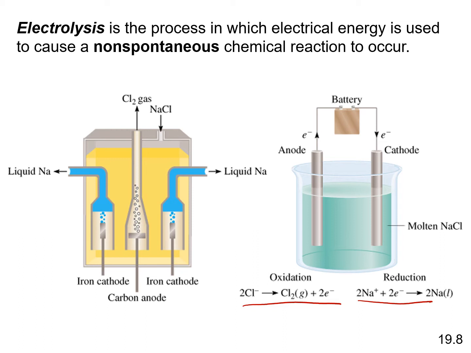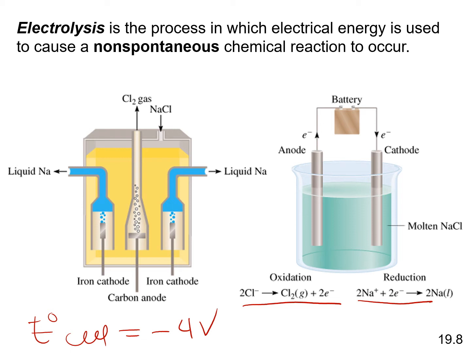For this reaction to proceed, we must supply at least 4 volts from a battery. The E cell here, since this is electrolytic, is negative. So it's negative 4 volts actually. So we need to supply at least 4 volts for this to proceed, and it's usually from a battery.